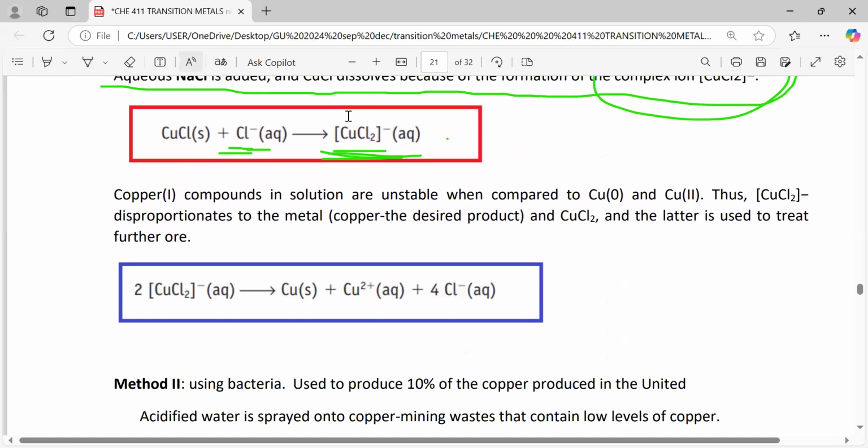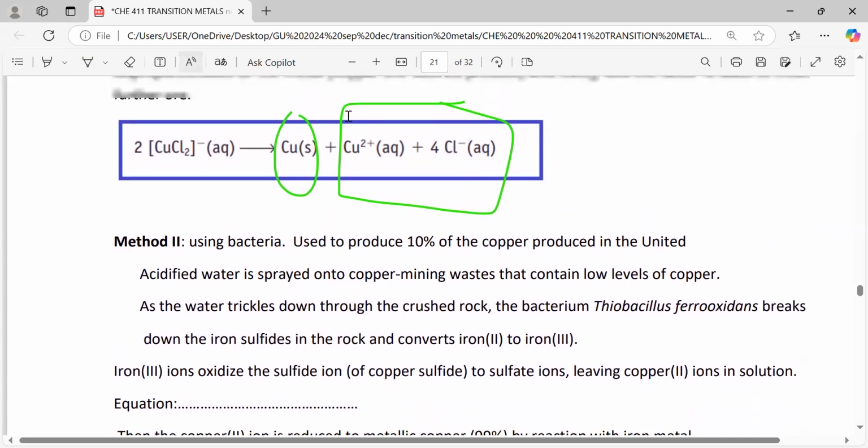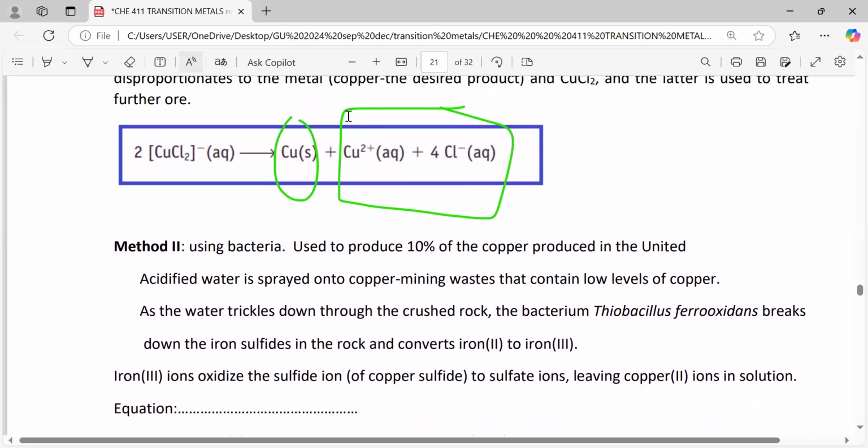Copper 1 compounds in solution are unstable when compared to copper 2 and copper 0, the so-called pure metal, and therefore we expect it to decompose or disproportionate. When it decomposes, it gives you the metal and copper 2 chloride in solution. So of course your metal is there, then the other part is your copper 2 chloride. So you have your metal separated at that point.